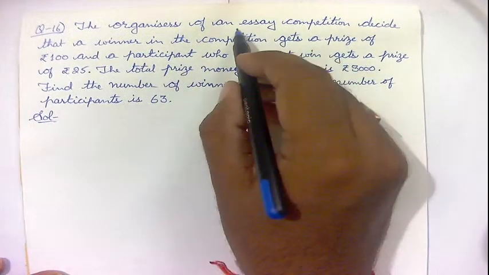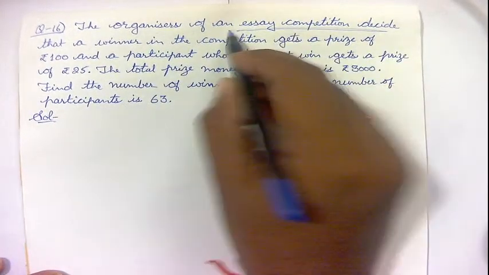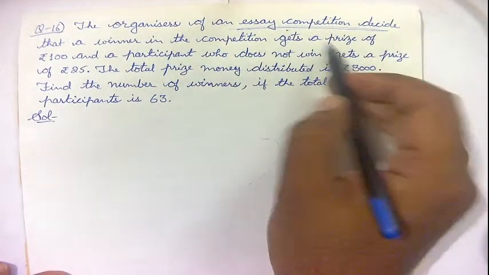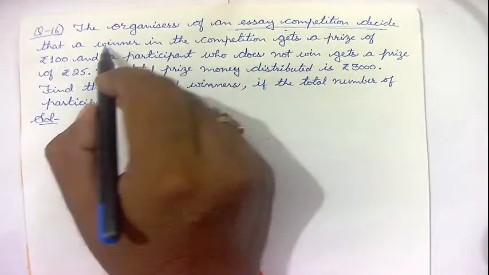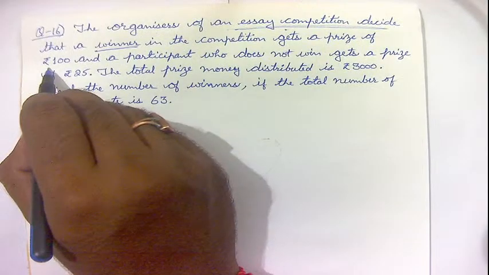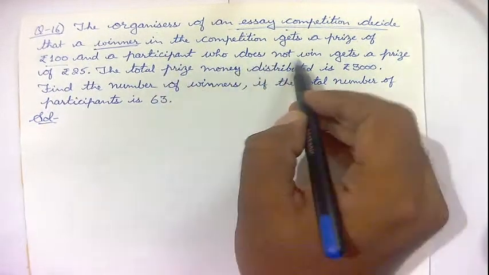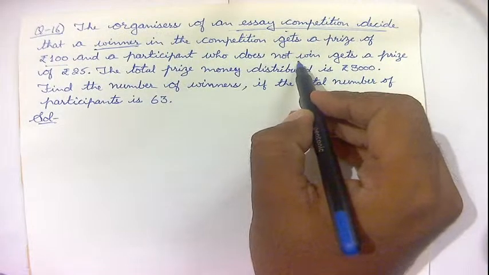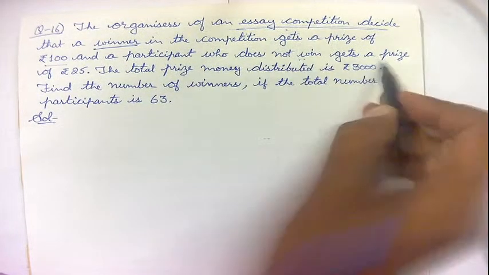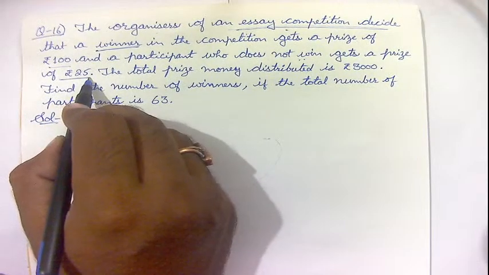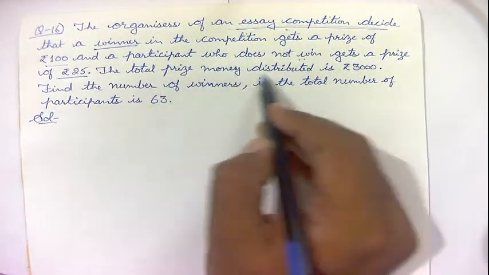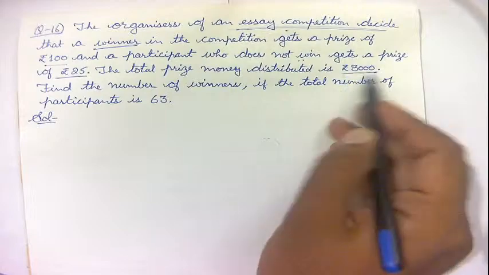There is an essay competition being organized, and they decide that whoever is the winner will get a prize of rupees 100, and a participant who does not win, means the other one who does not win, will get a prize of rupees 25. The total prize money distributed is rupees 3000.